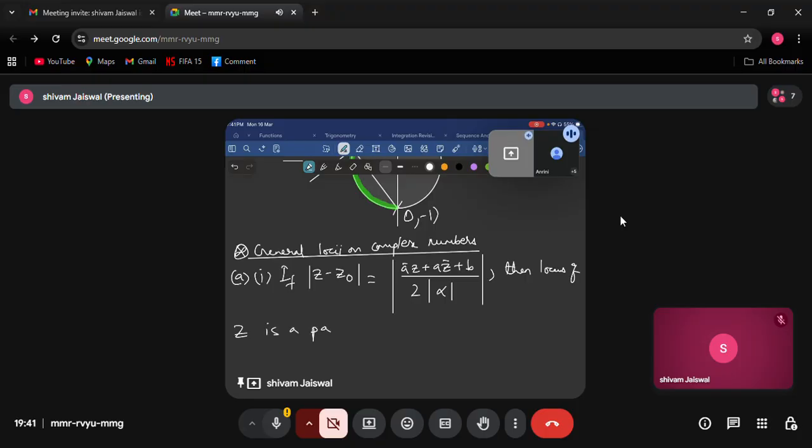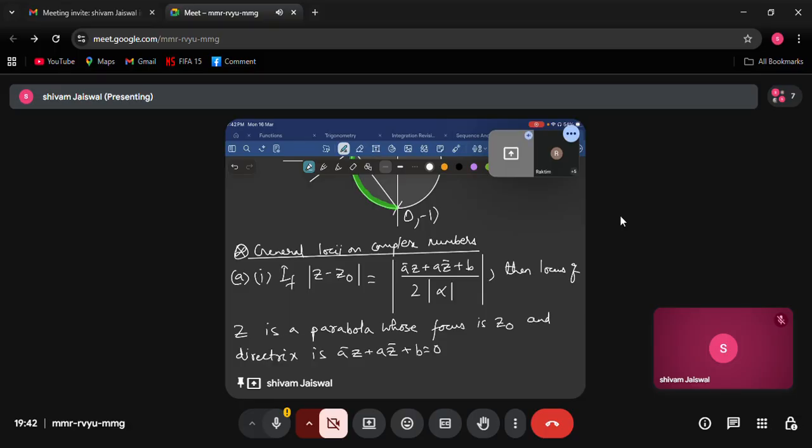And what is the focus? Z naught is the focus, and the directrix is a bar z plus a z bar plus b equal to 0.